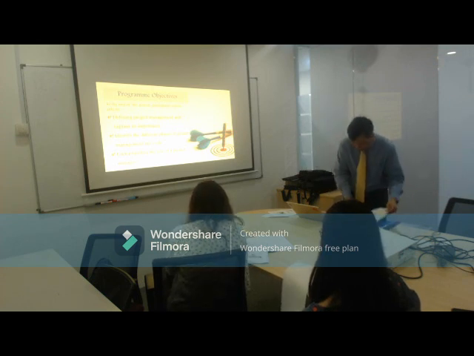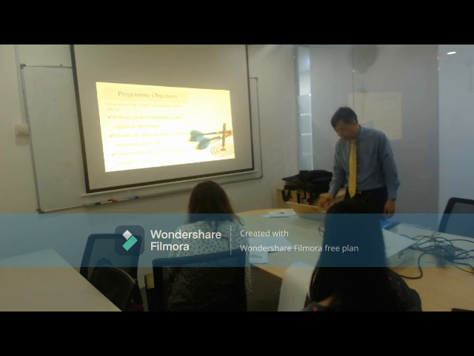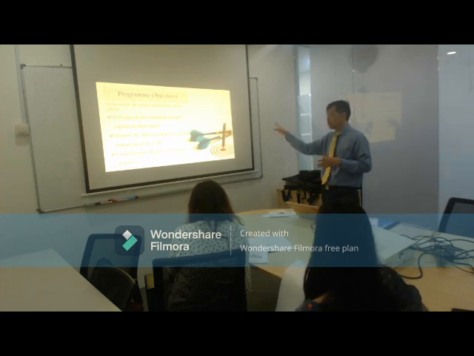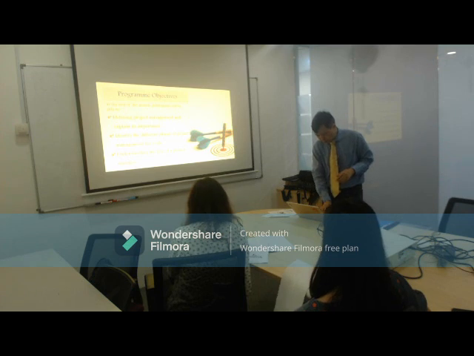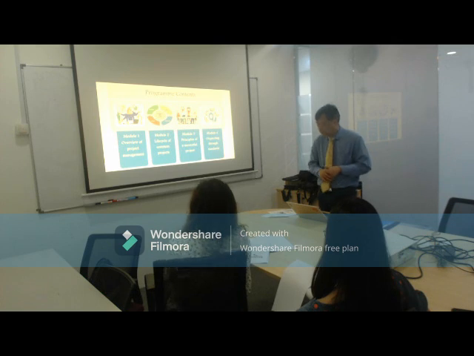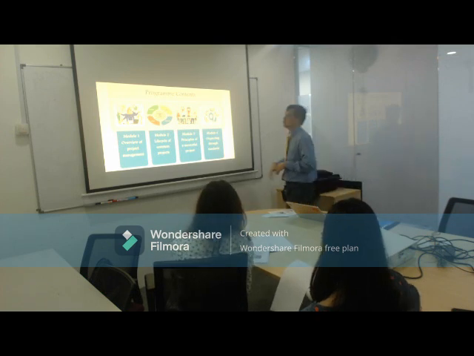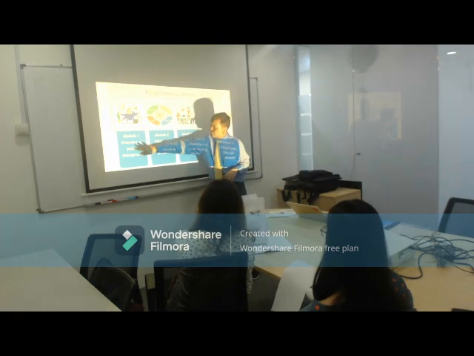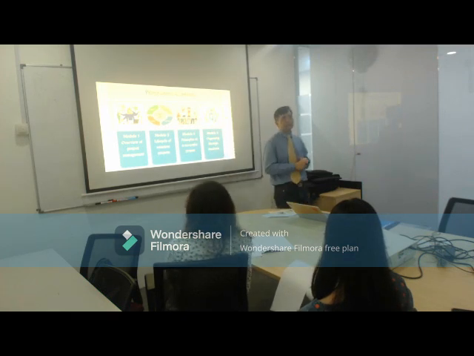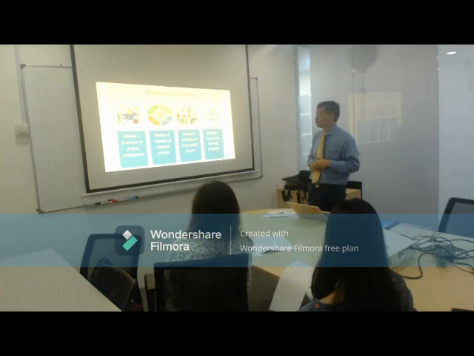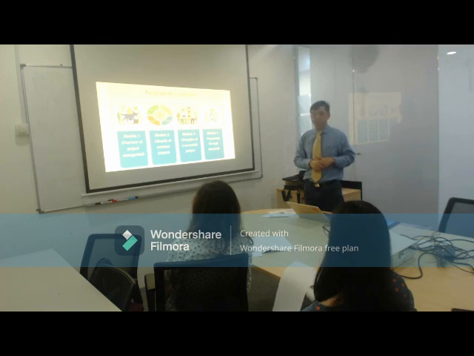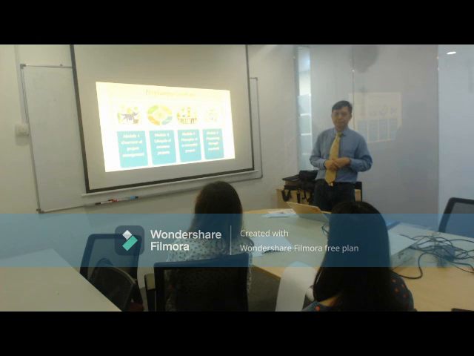Apart from that, there will also be 4 modules all in all. So this is the program objective, and there are 4 modules for us to support this. Module 1, overview of project management. We will have a general idea of what project management is. Module 2, life cycle of common projects, typically for us to get an experience or understanding of projects.